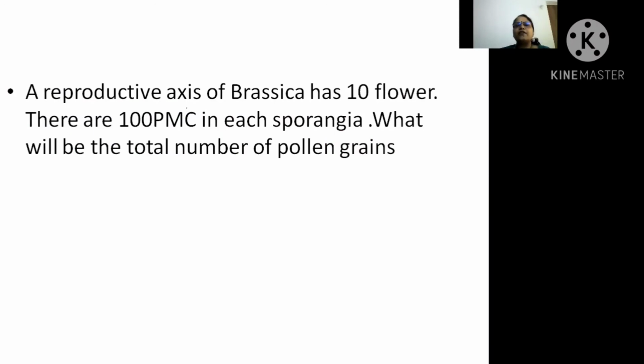Now say the reproductive axis of Brassica has 10 flowers. Till now we were solving by taking only one flower. Now they have given us 10 flowers, so you have to multiply everything by 10. And there are 100 PMC in each. So what is the total number of pollen grains?